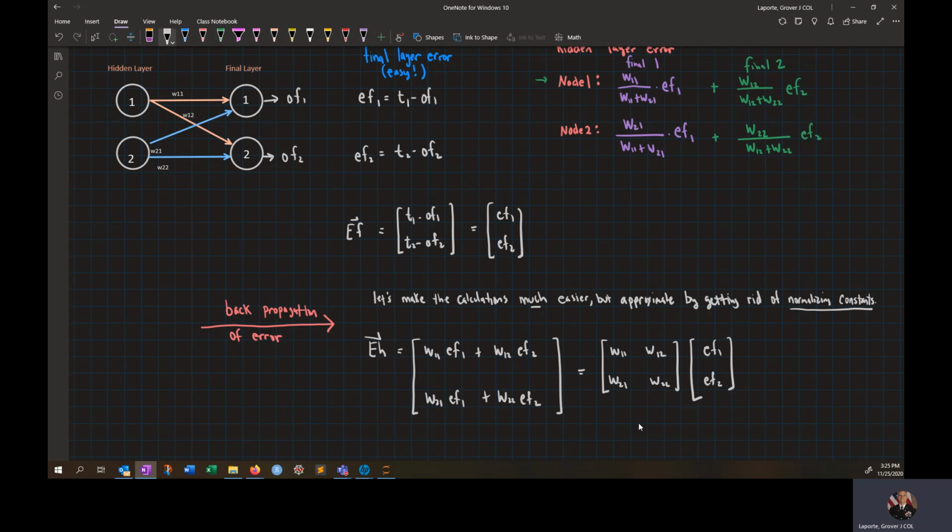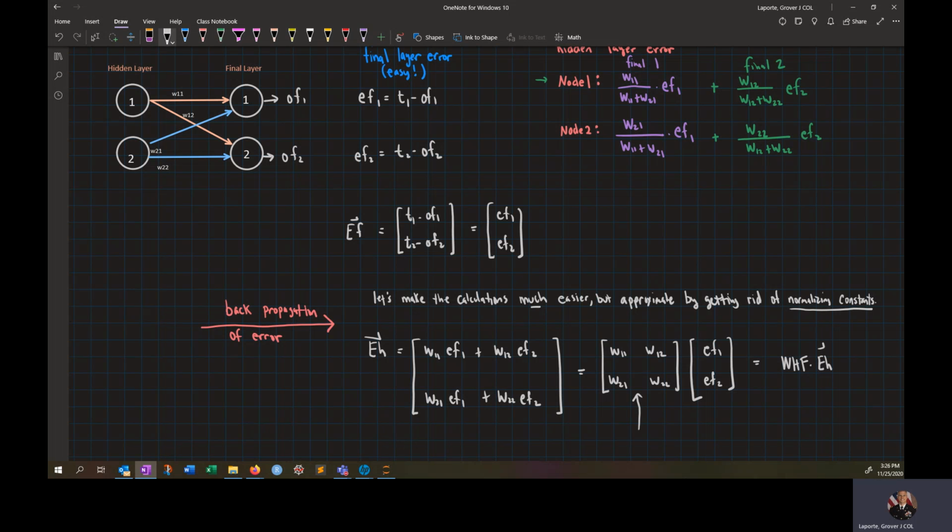Okay, so it actually ends up being the WHF, right? The matrix in between these two nodes is called WHF. So this would actually be the WHF matrix times the EF vector. Actually, I think I can use the capital letter here. Hold on. EH vector.